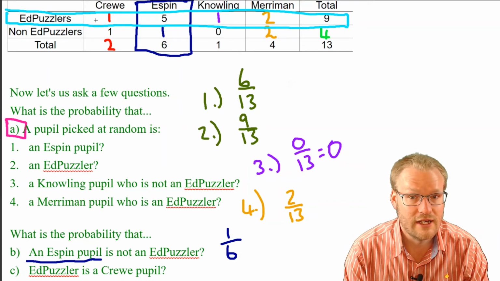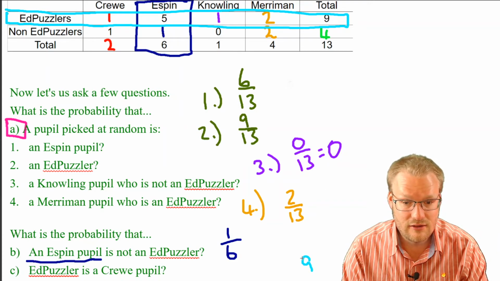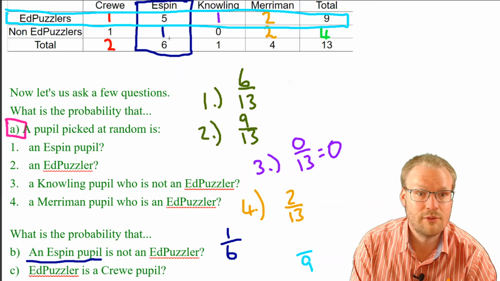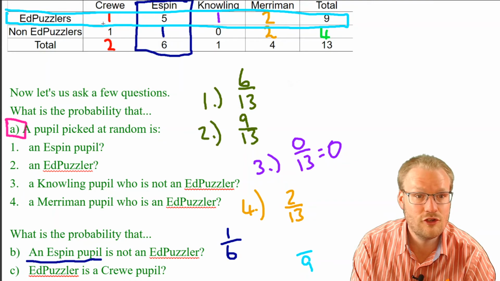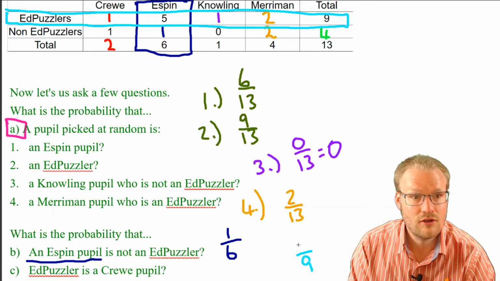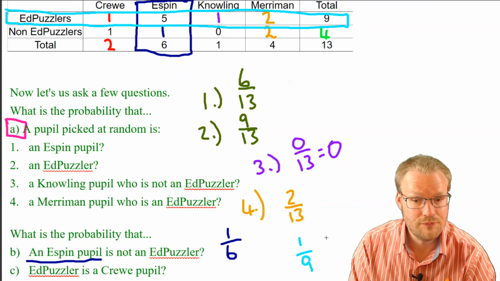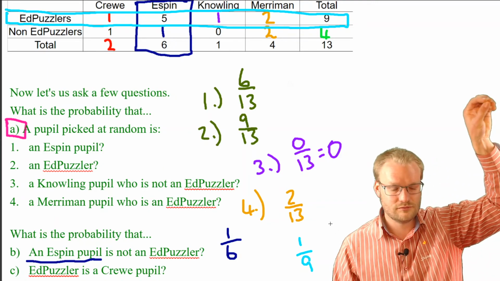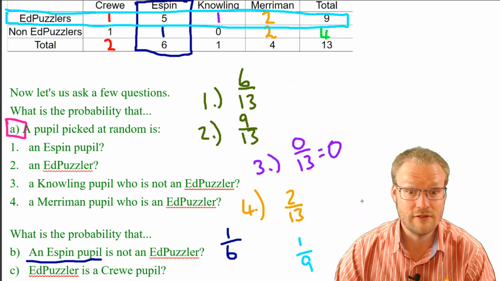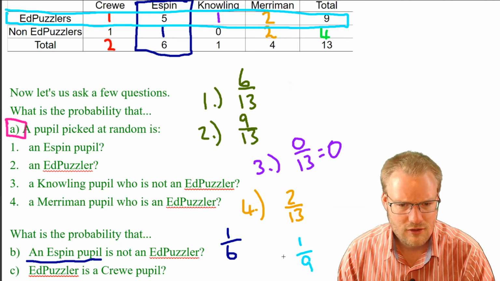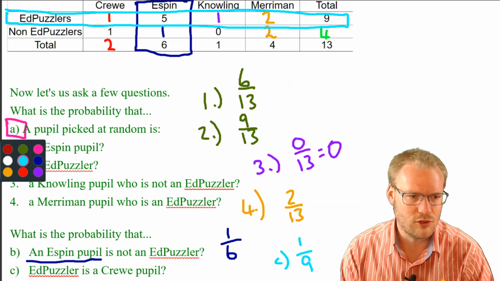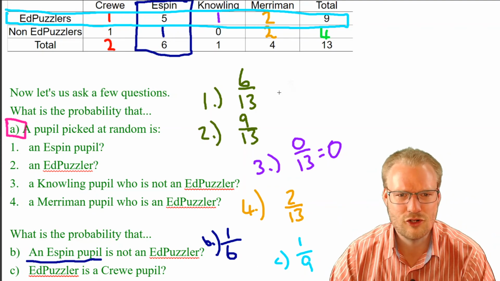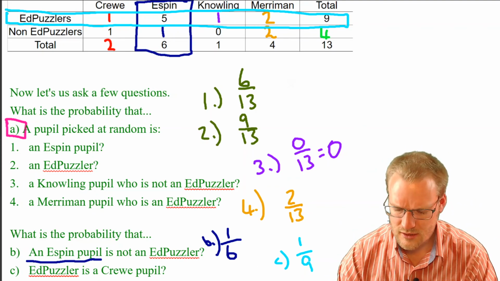Let's see how this is slightly different to the last question. We're looking at Ed puzzlers as our starting point, so only Ed puzzlers, with non-Ed puzzlers aside. Of the 9 Ed puzzlers, given that it's an Ed puzzler, what's the probability that it is a crew person? Well, that's 1 out of 9. So that's the nuance, the extra little bit of thinking needed about which group we're working in.